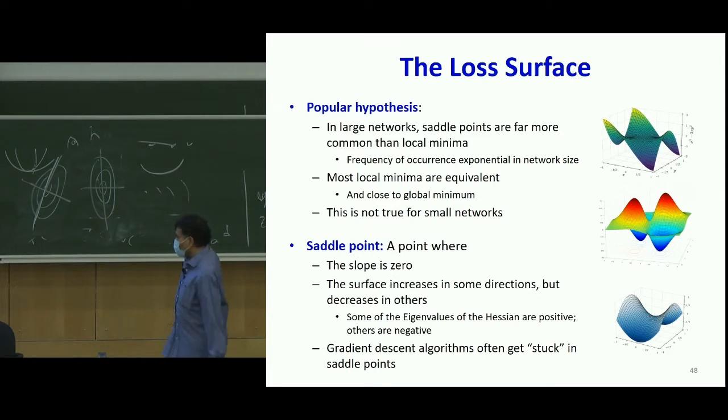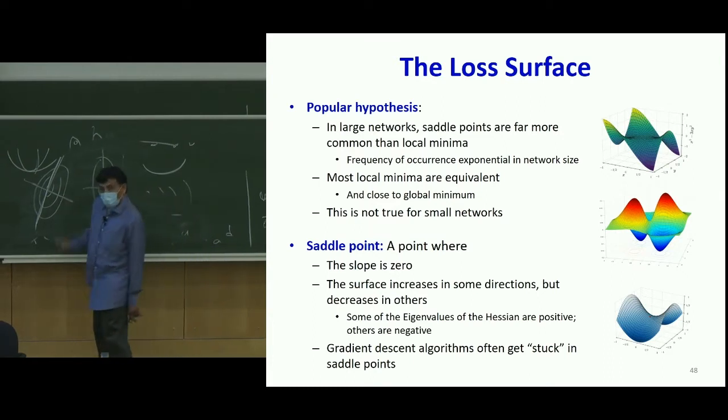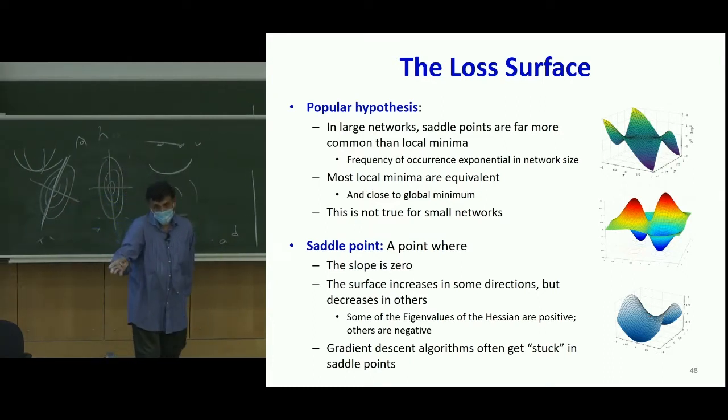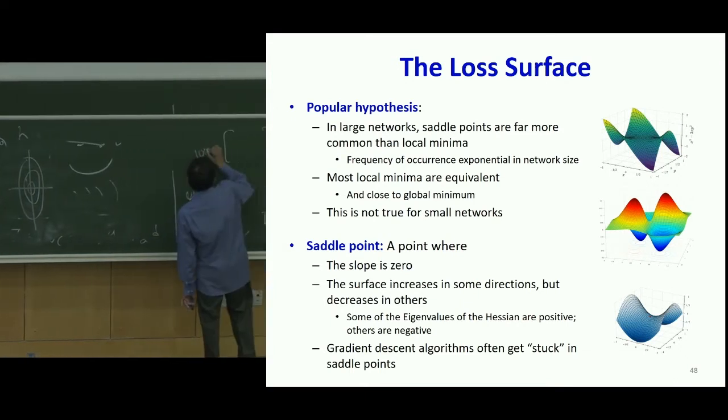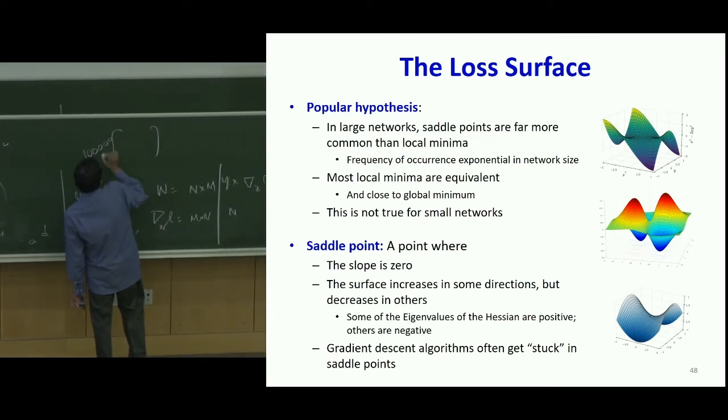For a function like this, the Hessian is not going to be diagonal. But if you look at the eigenvalues of the Hessian, they are going to give you the second derivative along each of the orthogonal coordinates. Now suppose I have a 1 million cross 1 million matrix.